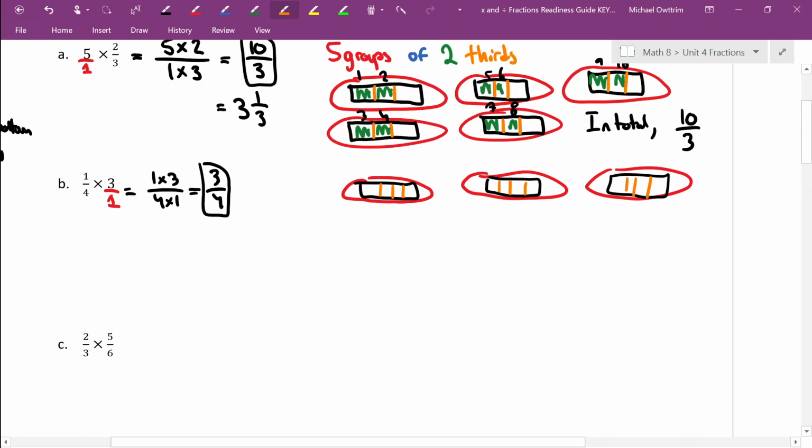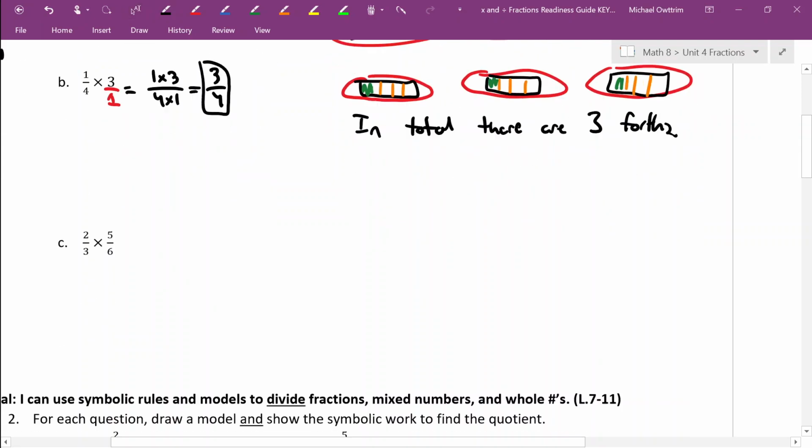So there's my quarters, and I've got 1 each of those. Obviously, in total, I have 3/4. Or 3/4 if you prefer.